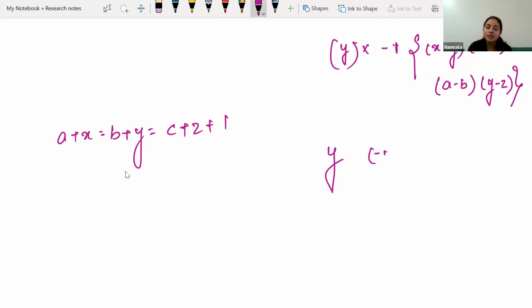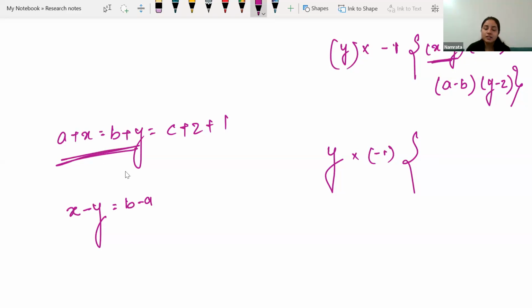Okay. Now y we are having outside, fine. Minus 1 also we are having outside. Now inside the curly bracket, x minus y. I want to write everything in terms of a, b, c. So x minus y, if we use these two together, a plus x is equal to b plus y, so x minus y is equal to b minus a.